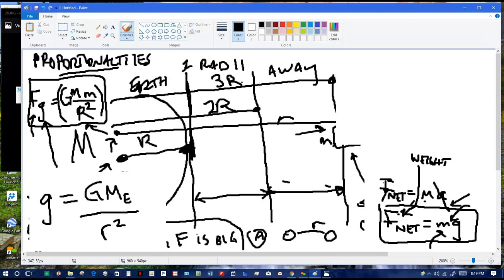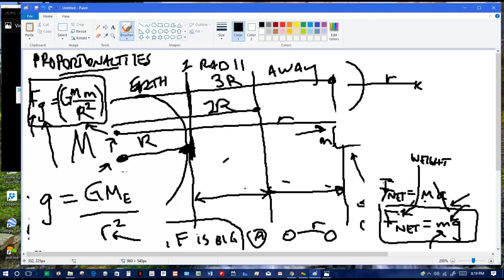Because my other picture is getting kind of filled up. So if this is the curve of the Earth, and you're out here floating in space, this is now just called r. And that r is right here.